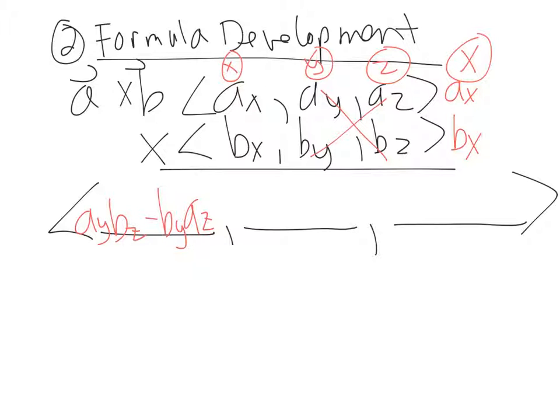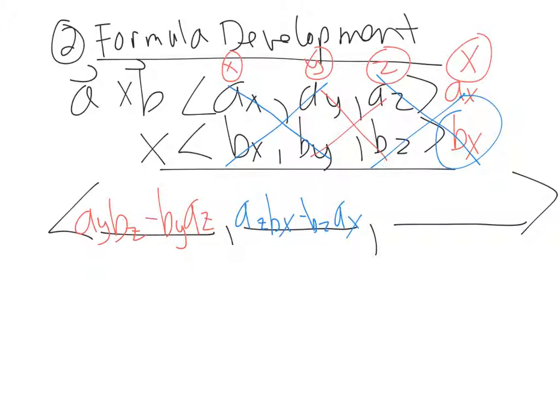Next, I'm doing X, Z and X to get the Y component. So it's going to be AZ multiplied by BX minus BZ multiplied by AX.